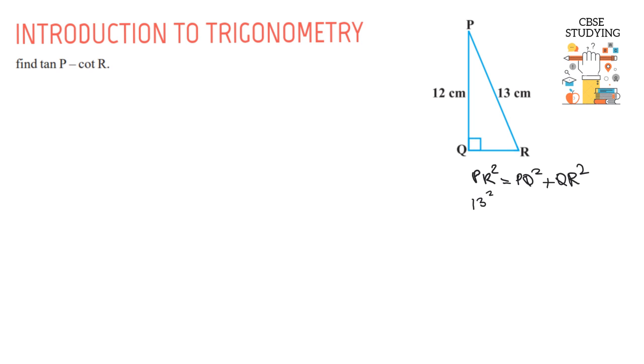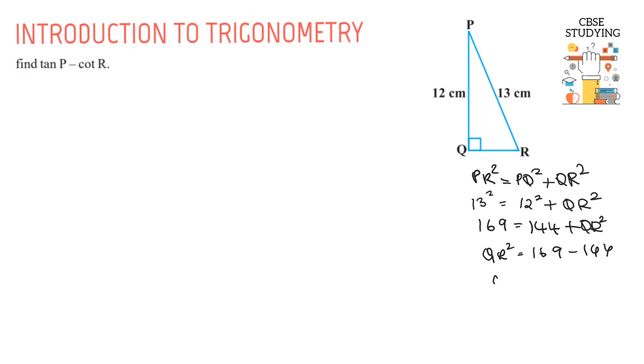So 13 square is equal to 12 square plus QR square. 13 square is 169 and 12 square is 144 plus QR square. So QR square is equal to 169 minus 144, which is 25. Therefore, QR is going to be equal to 5 centimeter. So the value of QR is 5.